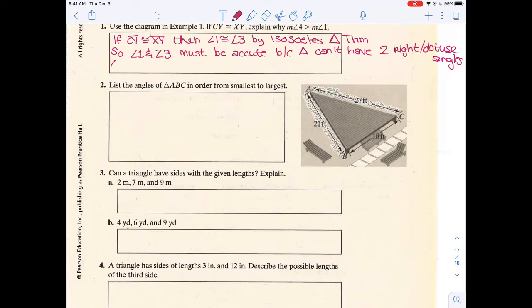So those are a linear pair. So if angle 1 is less than 90, angle 4 has to be greater than 90 to make up the rest of the 180 degrees. Therefore, the measure of angle 4 is greater than the measure of angle 1.